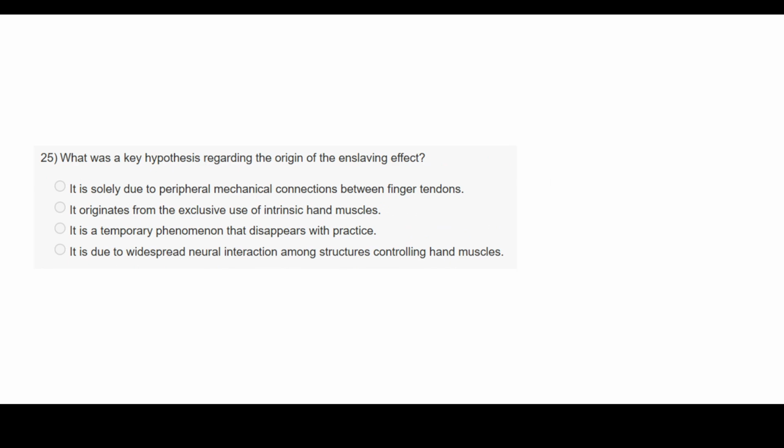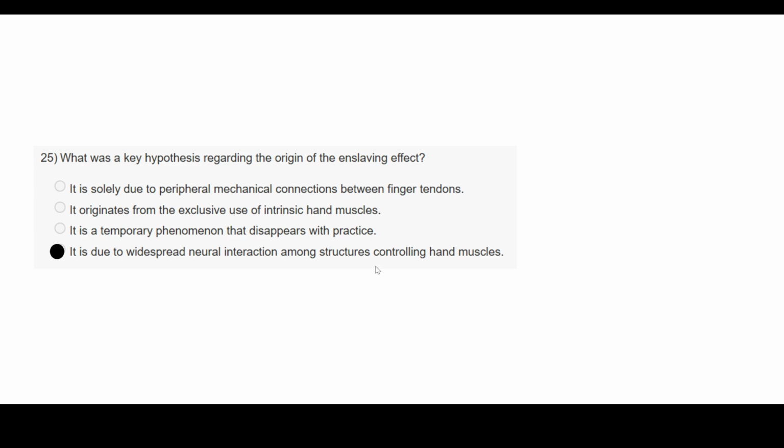What was the key hypothesis regarding the origin of the enslaving effect? It is solely due to peripheral mechanical connections between finger tendons. It originates from the exclusive use of intrinsic hand muscles. It is a temporary phenomenon that disappears with practice. It is due to widespread neural interaction among structures controlling hand muscles.